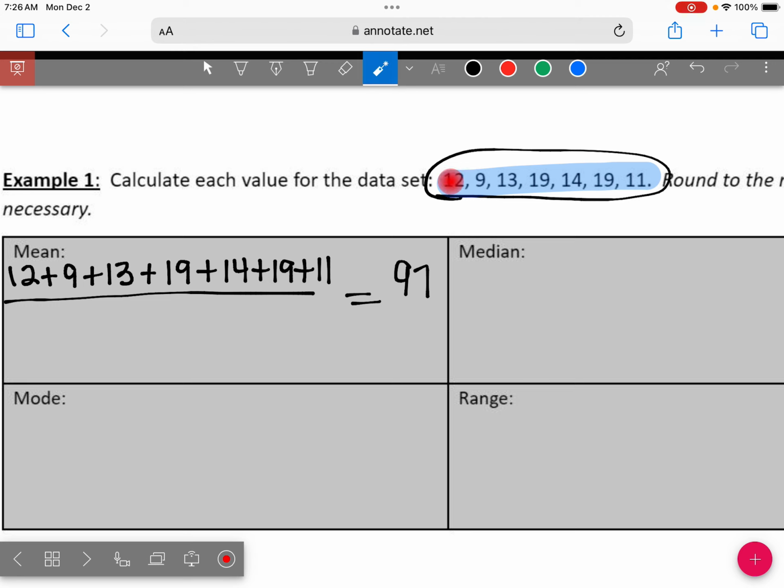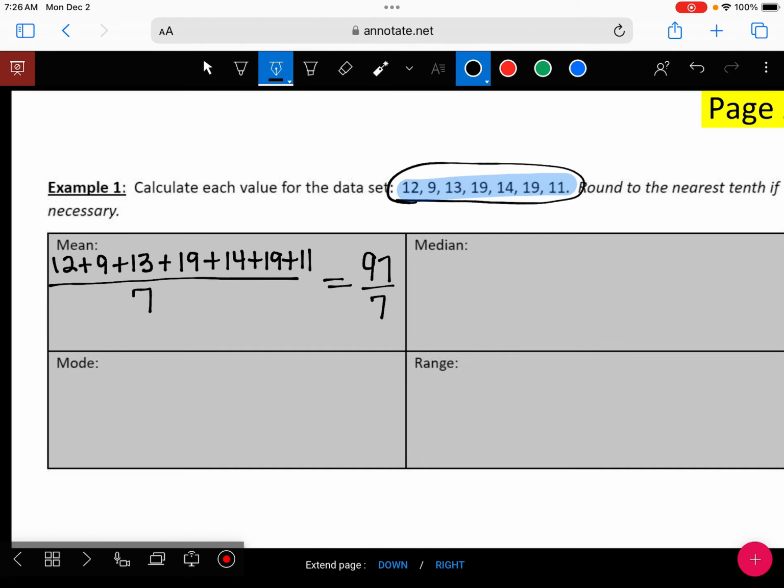So now, how many numbers did we add up? So there's 1, 2, 3, 4, 5, 6, 7 numbers. So we're going to divide that number by 7. So in your calculator, take 97 divided by 7.